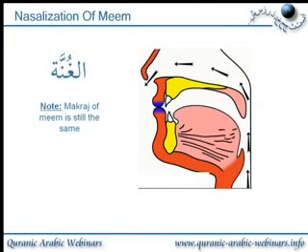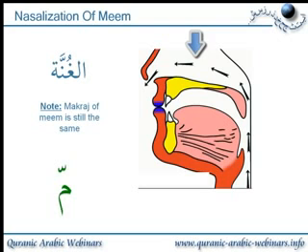Okay, in terms of the nasalization, this is the diagram that you will see under Makharij diagrams. Essentially the Ghunna of the Meem still uses the lips as its proper makhraj. However, you're vibrating the sound through the nasal cavity.